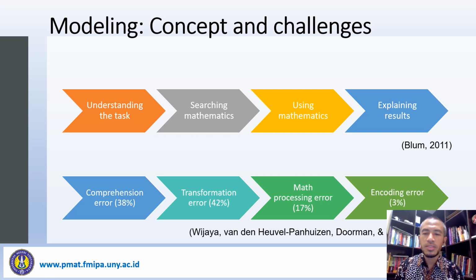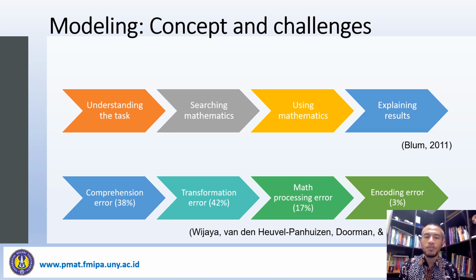The second error is transformation error, which is the error in selecting required mathematics concept. The third error is mathematical processing error, that is error in performing mathematical procedure. And the last error is encoding error. That is error in interpreting mathematical results in terms of the contextual problems.